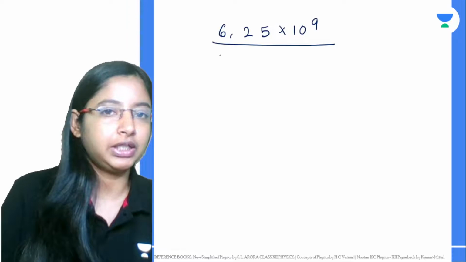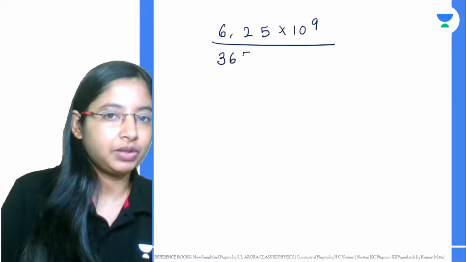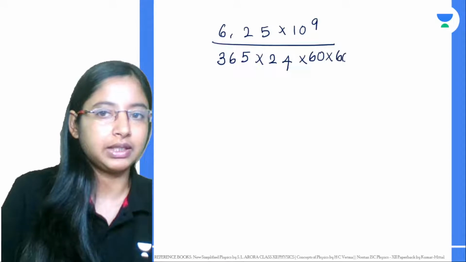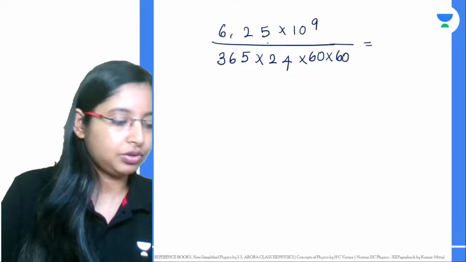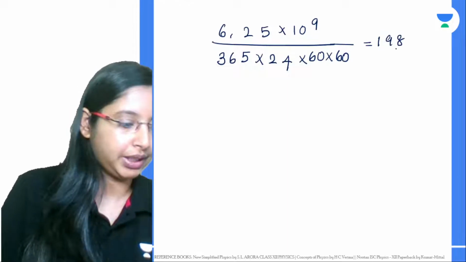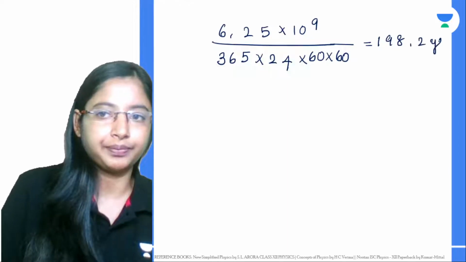If you want it in years, divide the seconds by 365 days, and every day has 24 hours, every hour has 60 minutes, and every minute has 60 seconds. If you solve for this, you will get around 198.2 years.